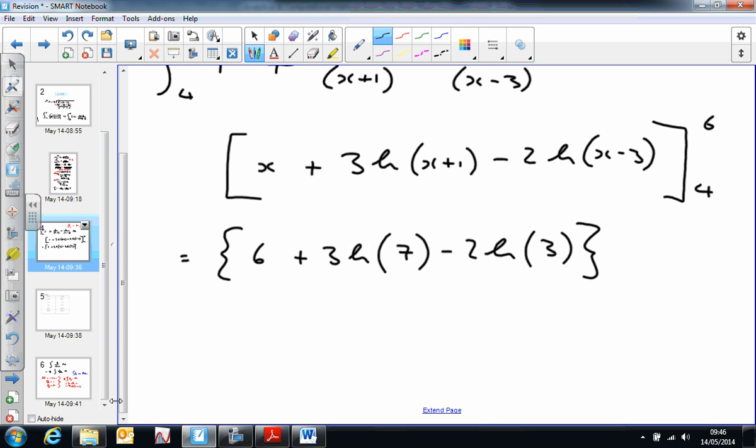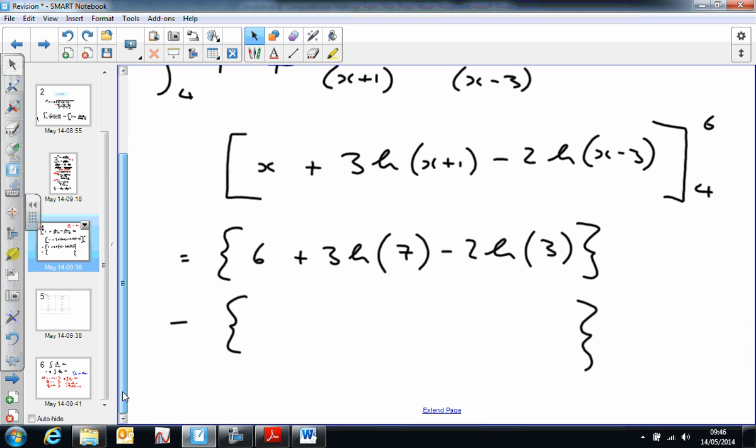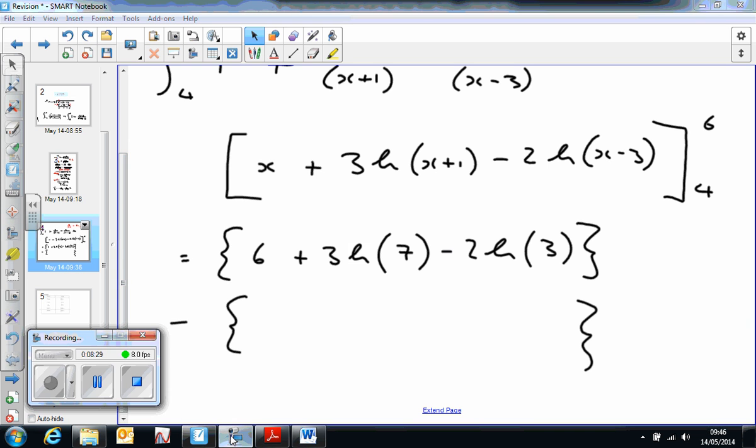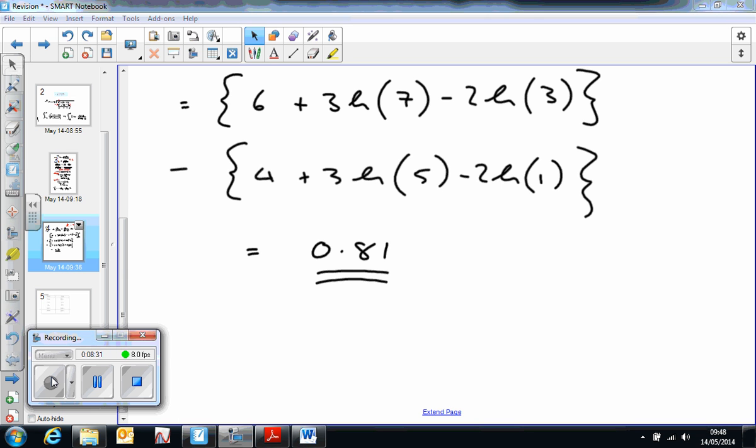So that's the first one, and then we subtract the next one. So if you want to just finish that off, work it out. I'll just jot the answer down below. And so we end up with 0.81, which agrees with the text, luckily.